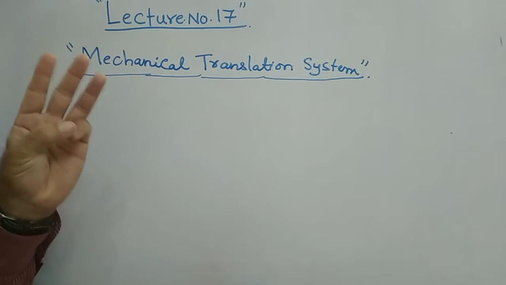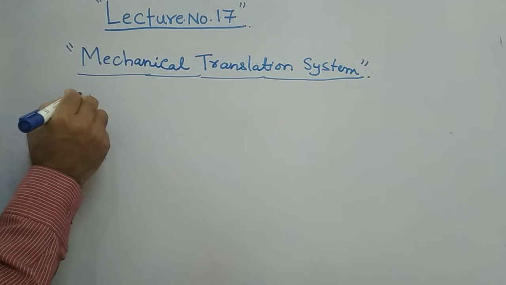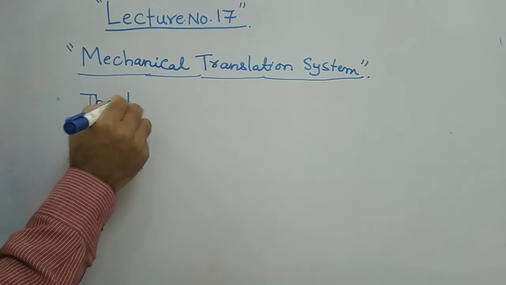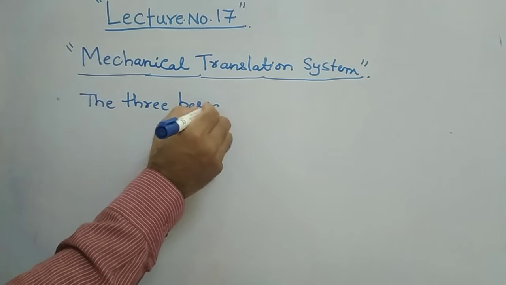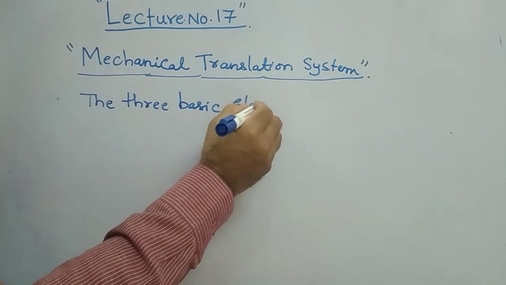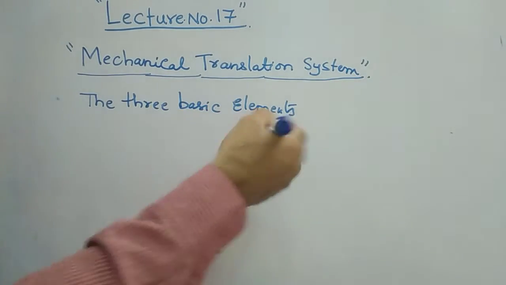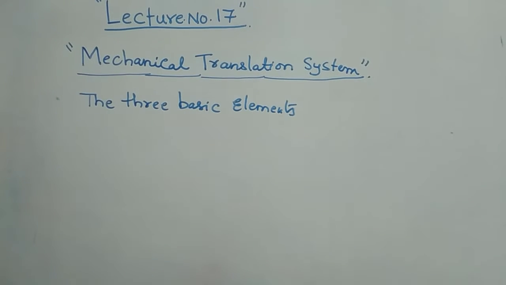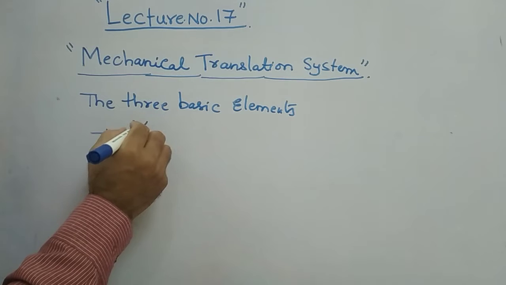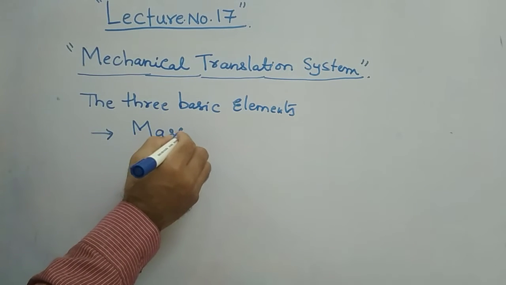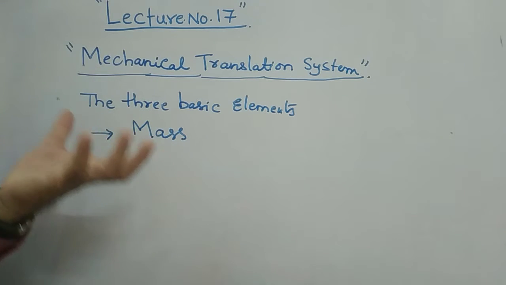What are those three important elements? The three basic elements that need to be considered under this mechanical translational system are: the first one is mass, the mass of the body, the mass of the system.